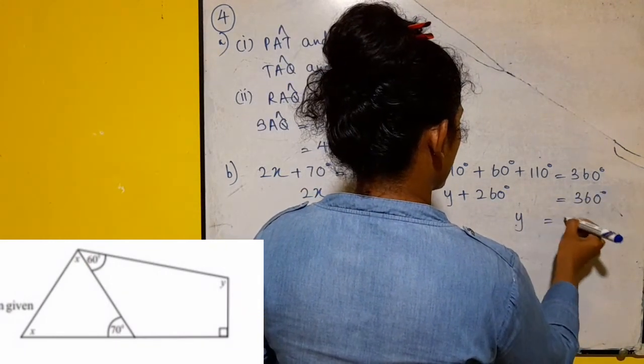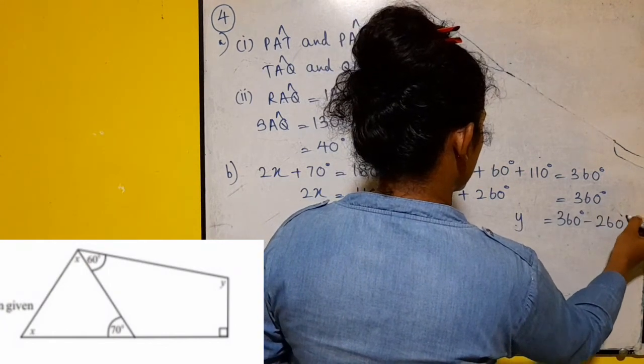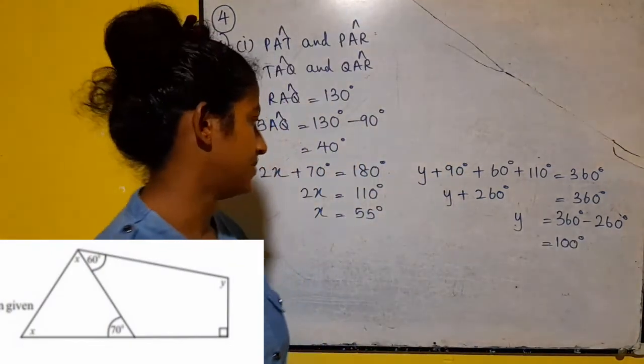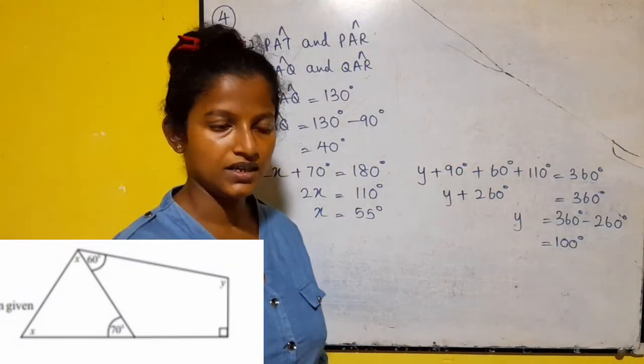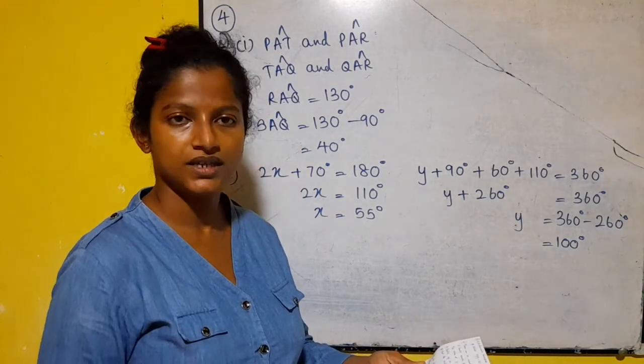Then y equal to 360 minus 260, that is 100. This is the way we are finding x and y according to the given information in the diagram.